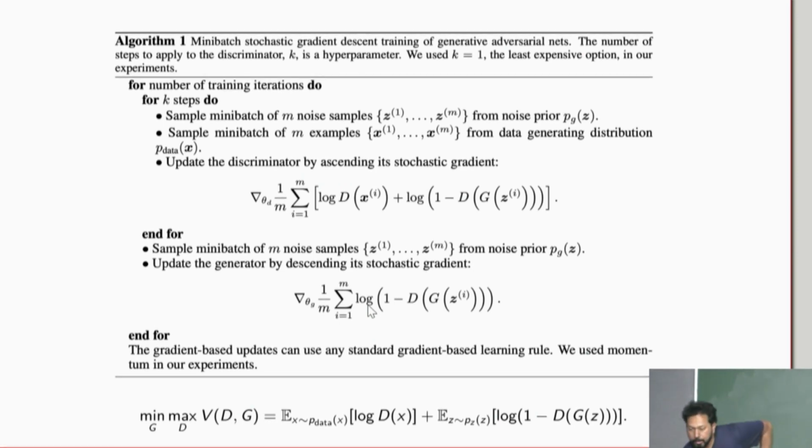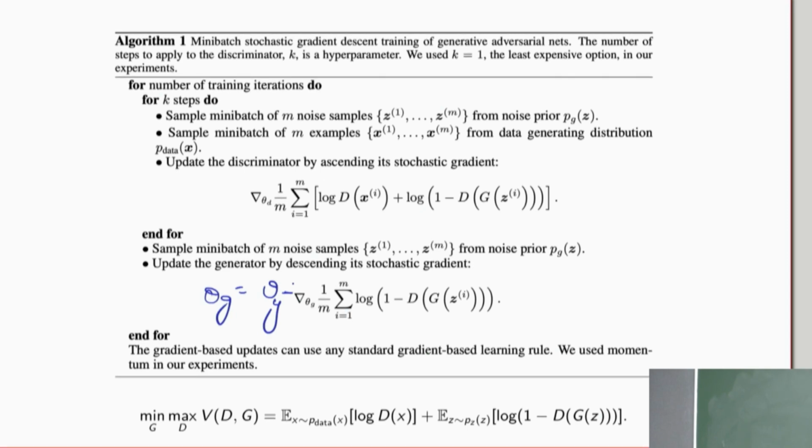So what you really have to do here is theta g equals theta g minus this. This is the stochastic gradient descent, right? It's a descent, so you go along the negative gradient. So theta g equals theta g minus the loss function, which here is a sample mean of the expectation.